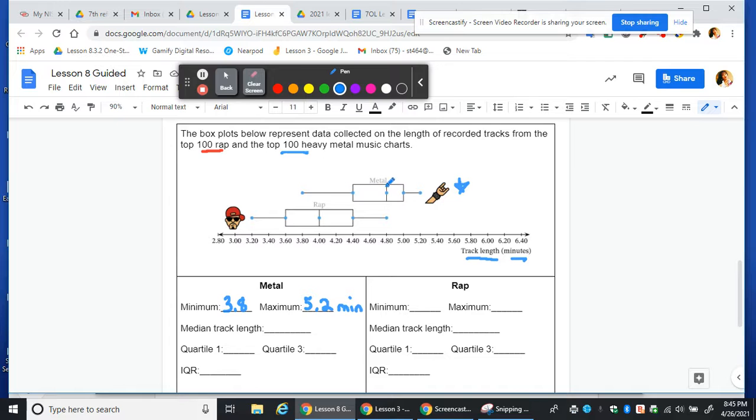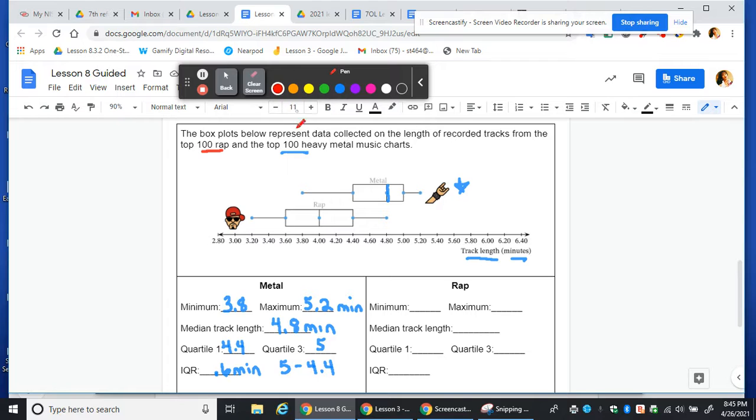The median track length for a metal song is 4.8 minutes. Quartile 1 is 4.4 minutes, and quartile 3 is 5 minutes. If I subtract quartile 3 minus quartile 1, I get an interquartile range of 0.6 minutes.